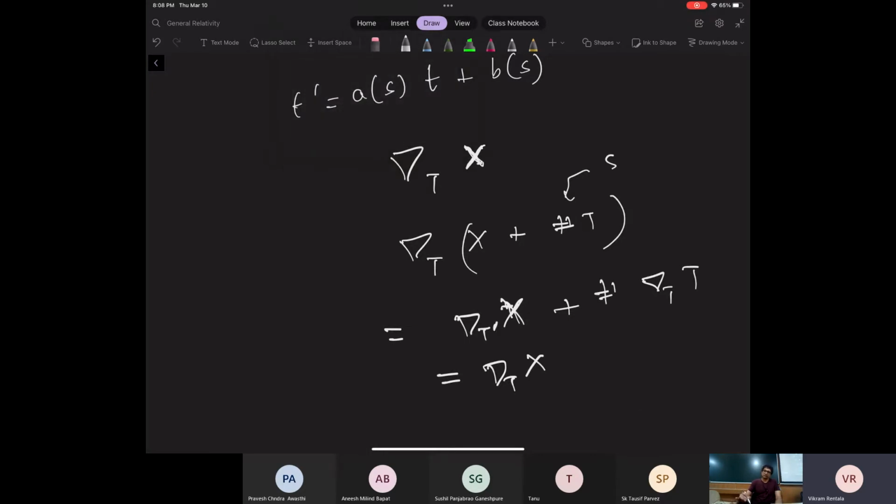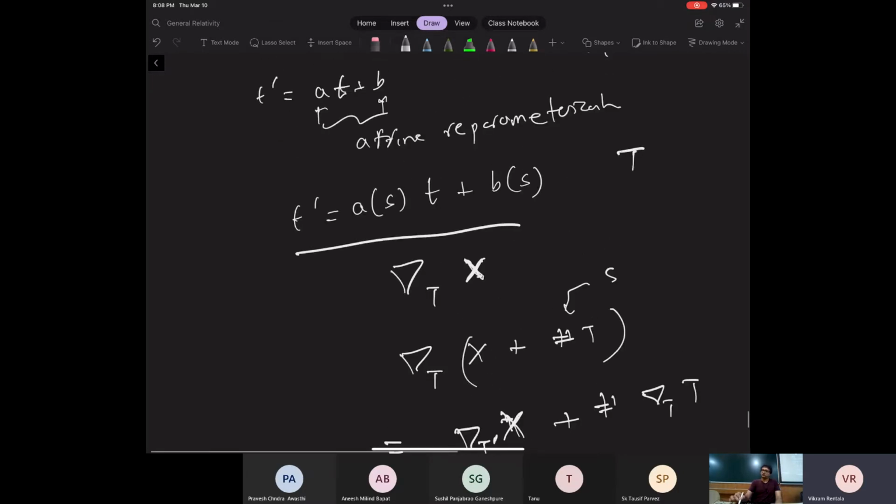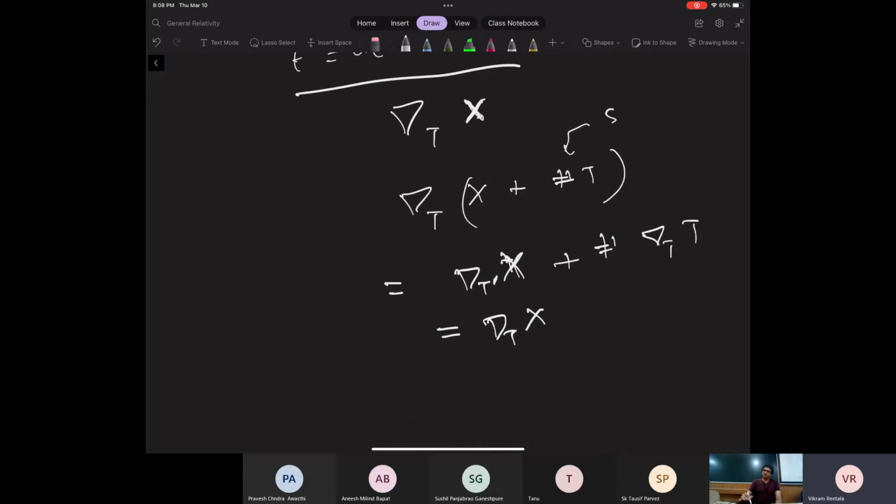So when I make this change, t also changes. It's just a scale factor, but you see that the scale factor will pop up here. So the normalization of that velocity will depend on what that scale factor is. It might end up being the same, depends on how you reparameterize, but there is no fixed notion of what that velocity itself means.